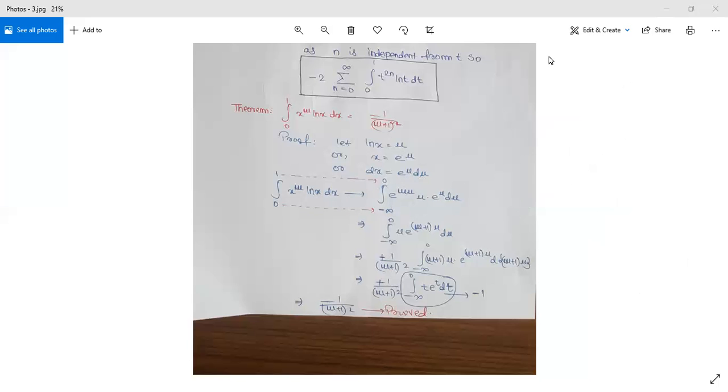Now the real thing comes. What I have done here, as you can see, is multiply this whole thing by 1 divided by (m plus 1) whole squared.